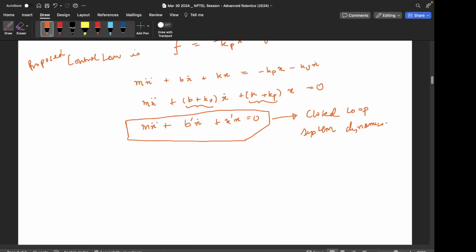Now once you reach this point, you will analyze this closed loop system to comment on the stability of the control law.